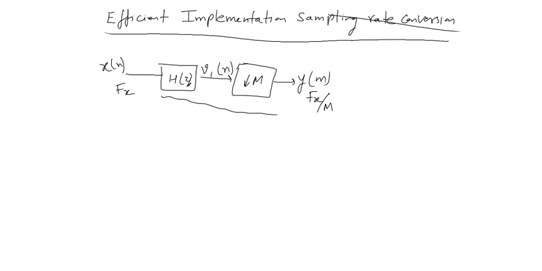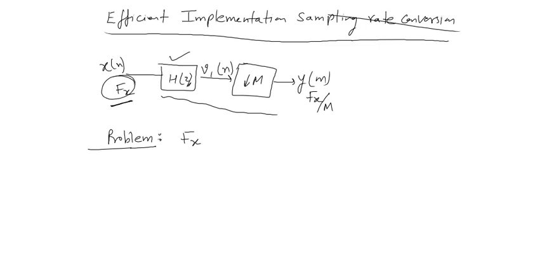Okay, now the problem here is the filter is operating at some high frequency rate. So let's say that the filter is operating at this particular rate. Okay, because now the filter is operating at this rate, so we need only every m-th sample. Because unnecessarily we are wasting the computation power for the filtering process, and this filtering process is working on a higher sampling rate.